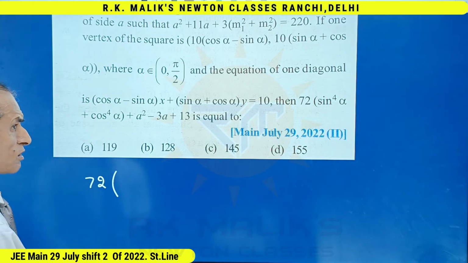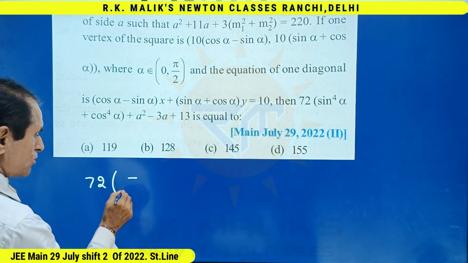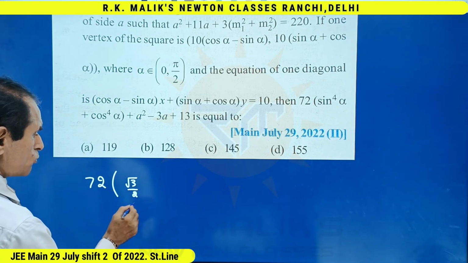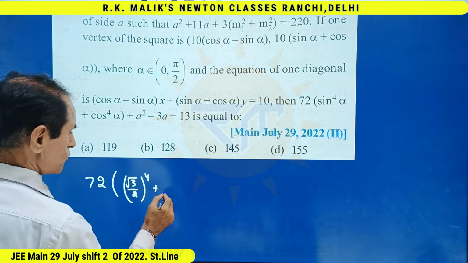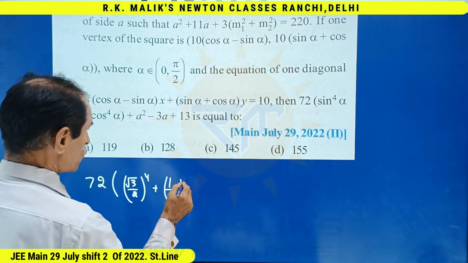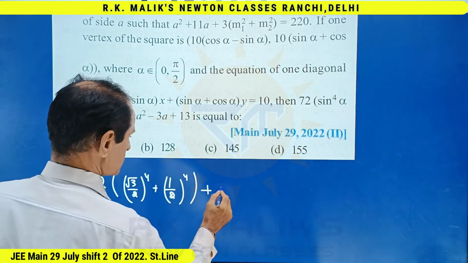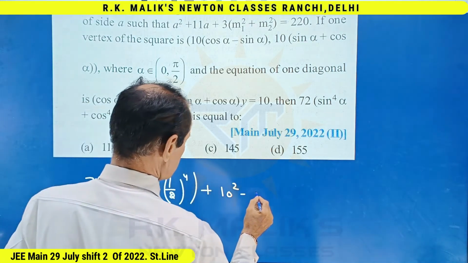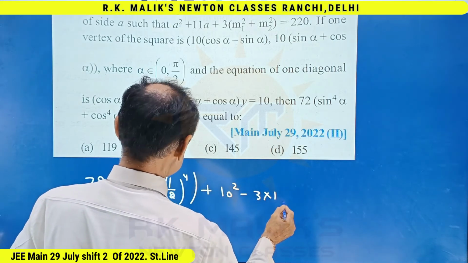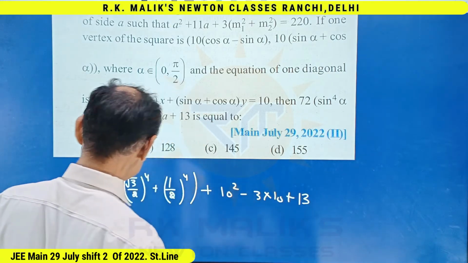72 into root 3 by 2 whole to the power 4 plus 1 by 2 whole to the power 4 plus 10 square minus 3 into 10 plus 13.